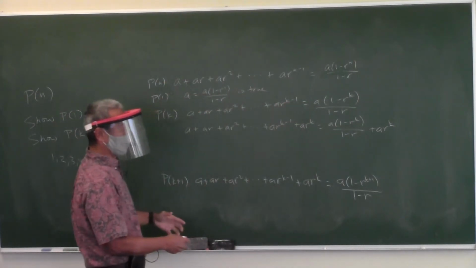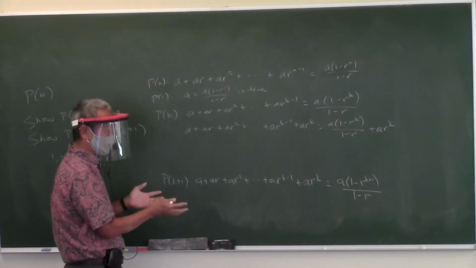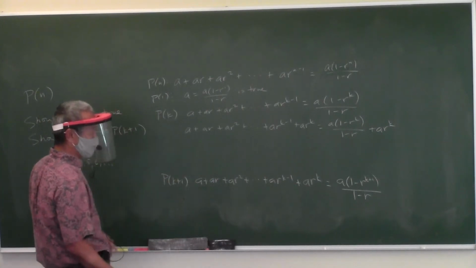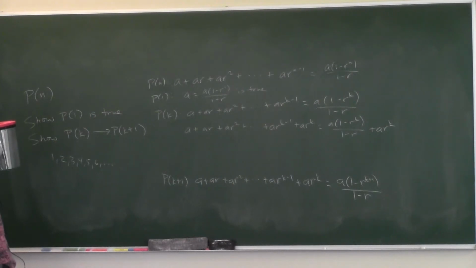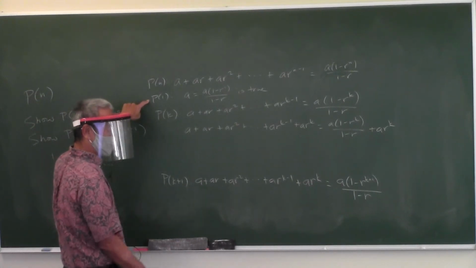But we need to show that it doesn't just work for like the first term, the first two, the first three, or the first four. We have to show that it works no matter how many we add together, right? And so that's why this is perfectly set up for mathematical induction. So we did the first step, you understand that? Plug in 1, does it work?